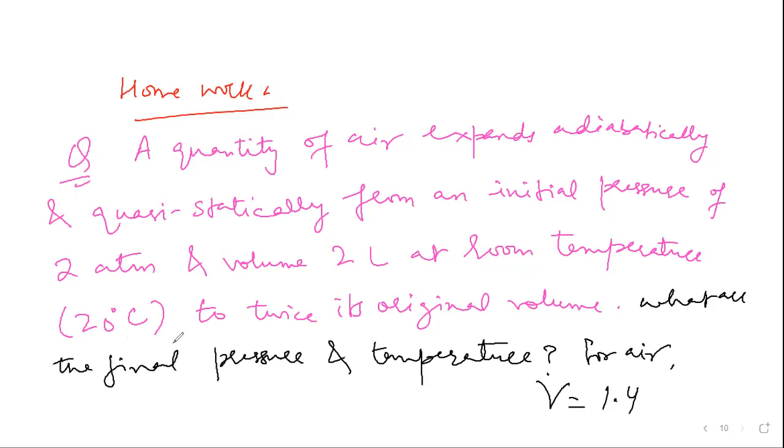We have derived the expression for work done by an ideal gas if it expands adiabatically. We have to use that expression to solve this question, and you know this gamma is Cp by Cv, the ratio of heat capacities. Cp stands for heat capacity at constant pressure. Cv stands for heat capacity at constant volume.